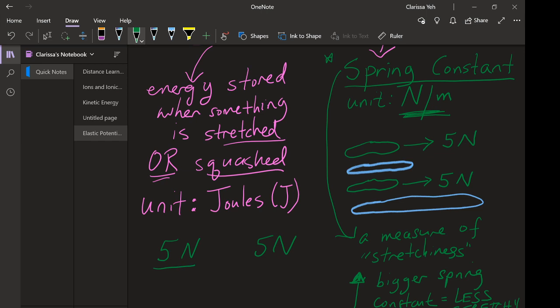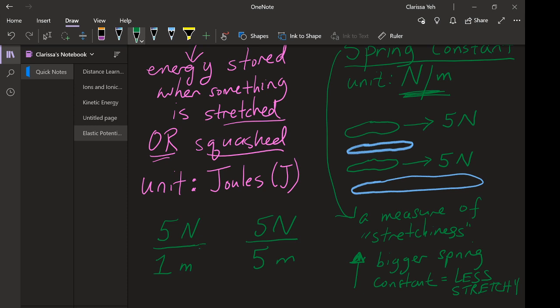Let's say the first elastic band only stretched by 1 meter, and then the second elastic band stretched by 5 meters. Well, the first elastic band would then have a spring constant of 5, because 5 divided by 1. The second elastic band would have a spring constant of 5 divided by 5, which is 1.